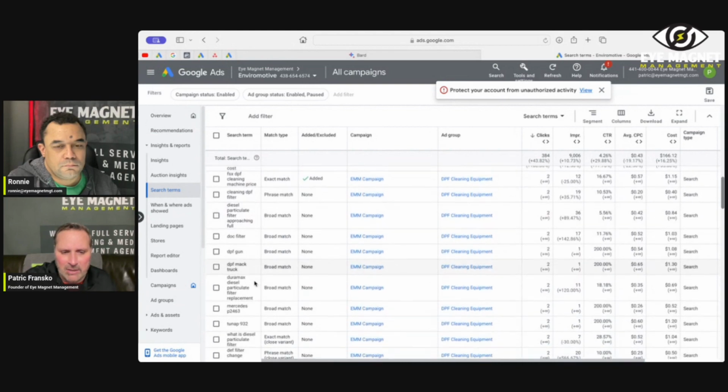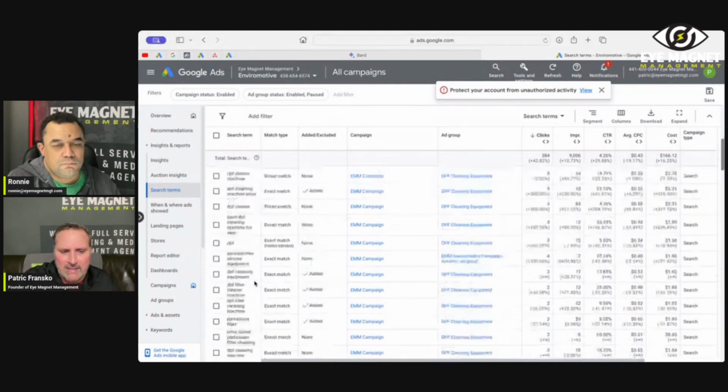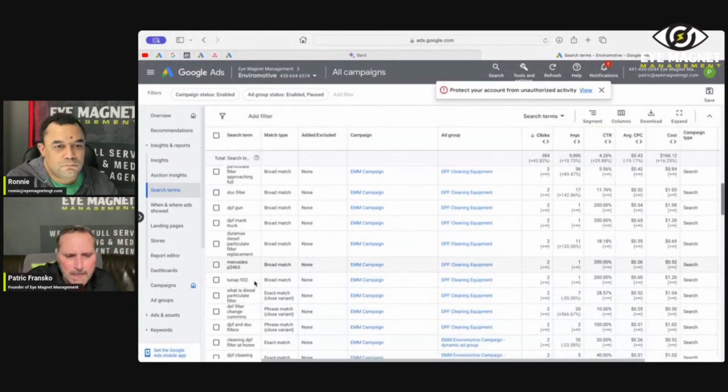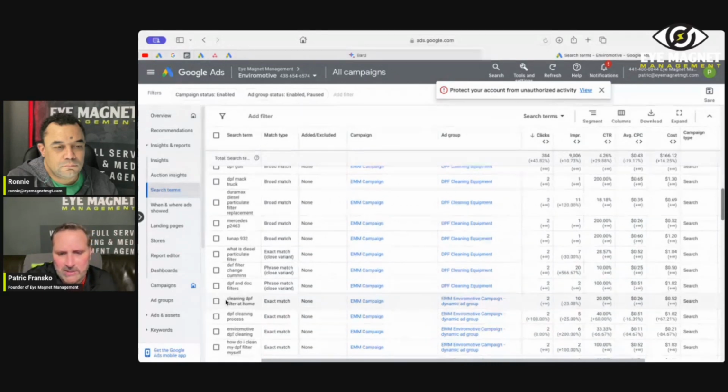But in another industry, you may see, well, here's one. I just saw one: cleaning DPF filter at home. Well, this is a company that actually sells DPF cleaning equipment.